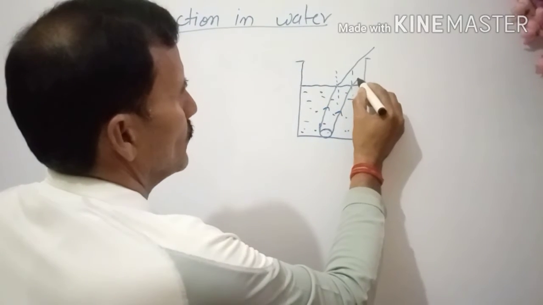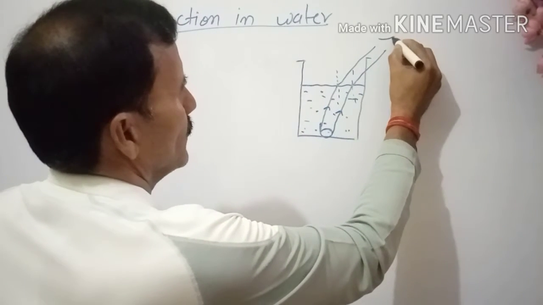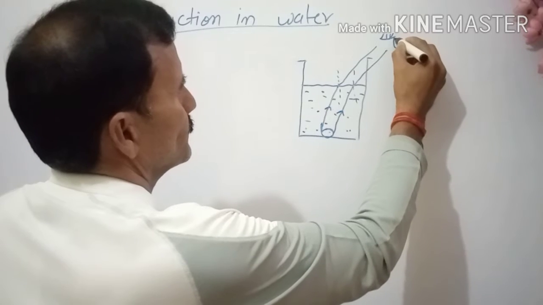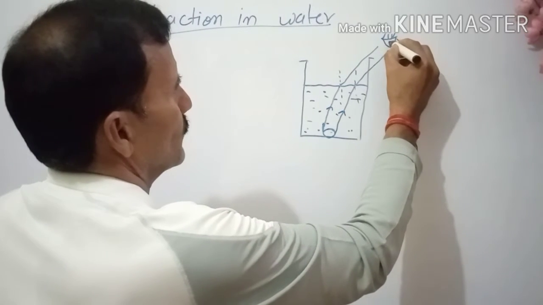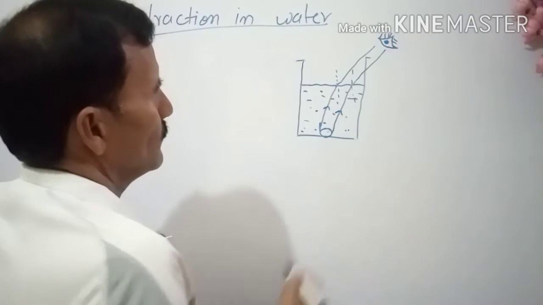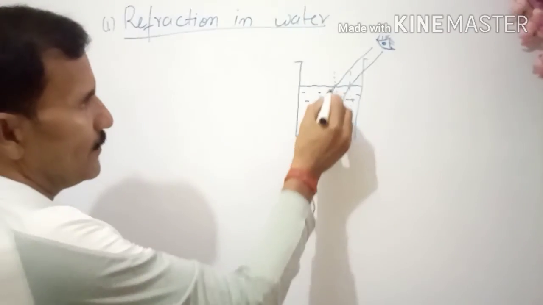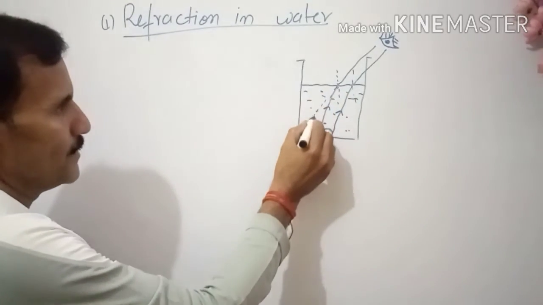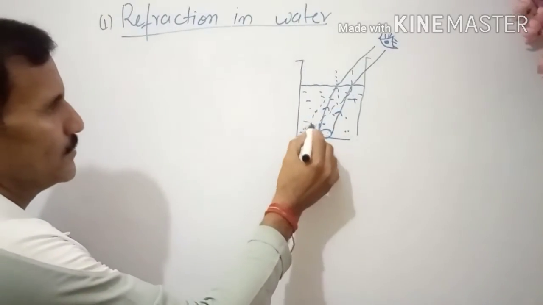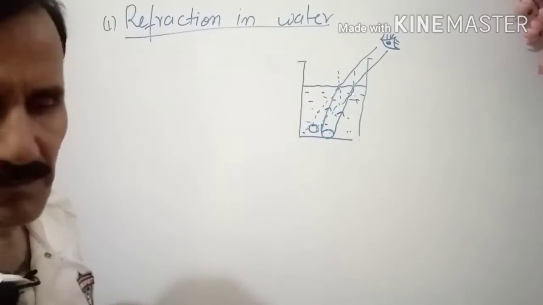Suppose here are your eyes and you are seeing from here. Then what will you say? Instead of here, the coin will appear somewhere up here. So the coin comes up.